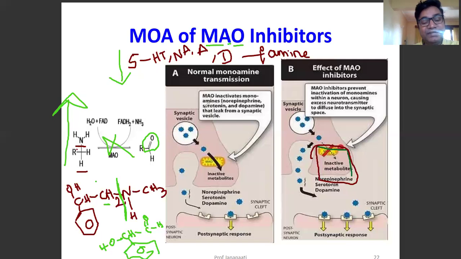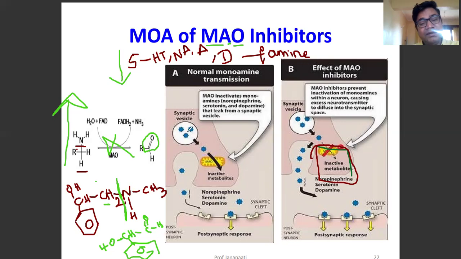For example, here you see a presynaptic synaptic vesicle. When it receives the signal, neurotransmitters are released. But for some people, for unknown reasons, the neurotransmitters enter mitochondria and get metabolized by MAO.